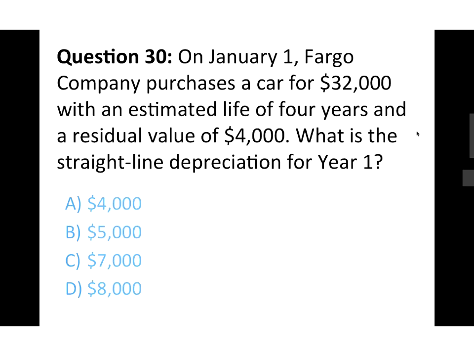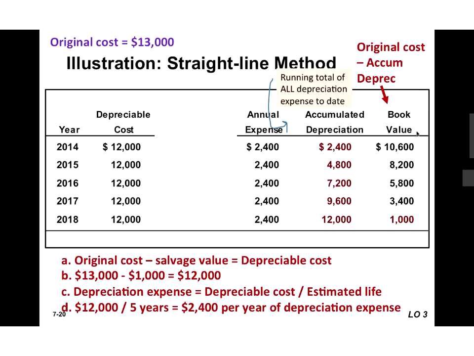So what you're doing on here is when we talked about, back here, I'm going to go back to the question still open. What you need to do on this question is you need to first of all calculate your depreciable cost, which is going to be the original cost less the residual value. So you're given your original cost, $32,000 less the residual value of $4,000, so you get a depreciable cost.